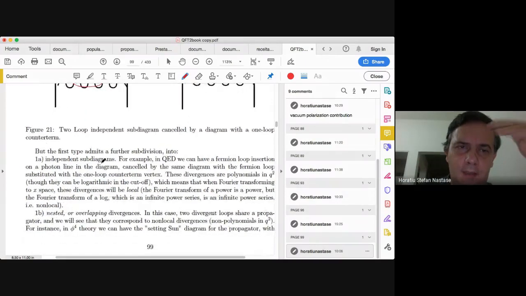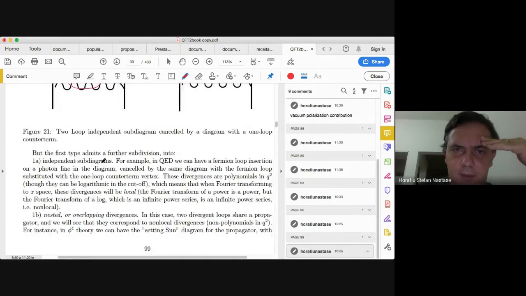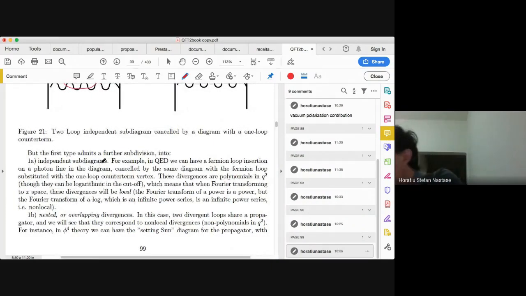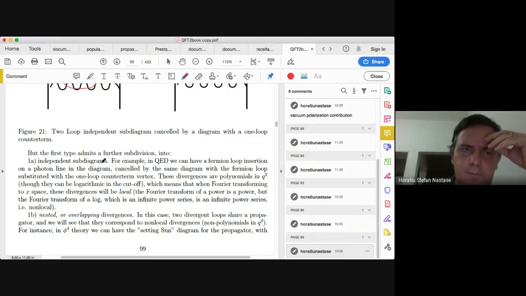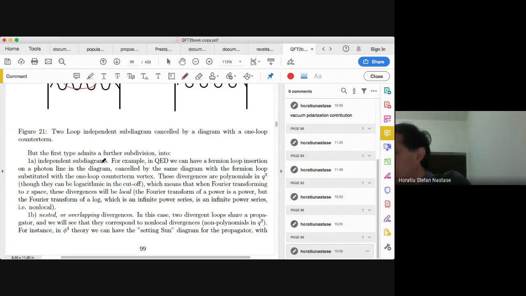Anyway, I seem to have the wrong kind of example in here. In principle, there could be intrinsically two loops.